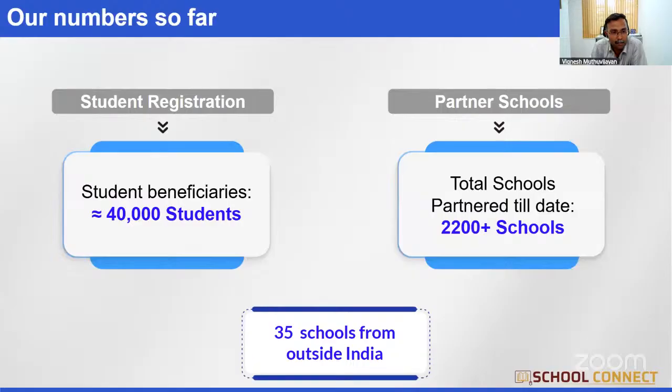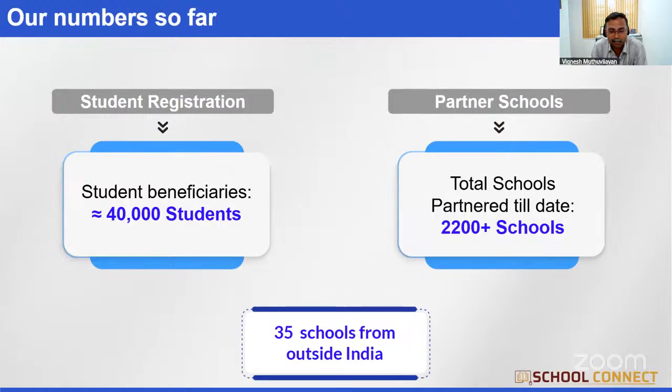As I said, here are some numbers. Almost 40,000 students have gone through the certification courses in the last three rounds. This time we again have 11,000 plus students, making it a little more than 50,000 students in these programs over the last year. It's slightly less than a year. We are partnering with more than 2,200 schools, and 35 schools are from outside the country.